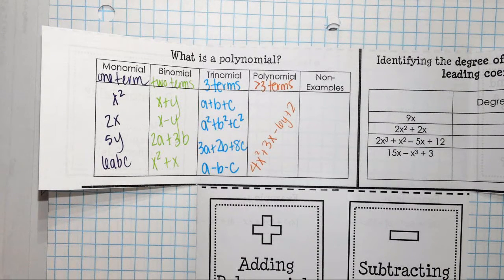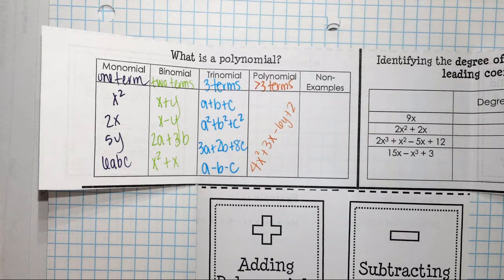Oh, that makes sense because... Why does it make sense? Because there's how many signs? 3 signs. But there's how many terms? 4 terms. Anything over 3. Is it more than 3?